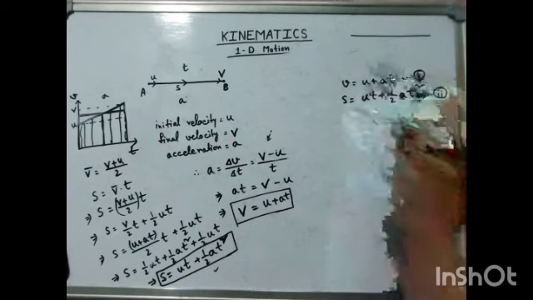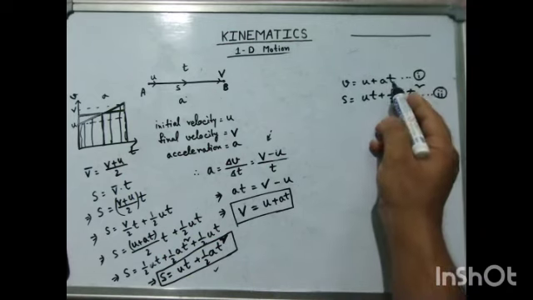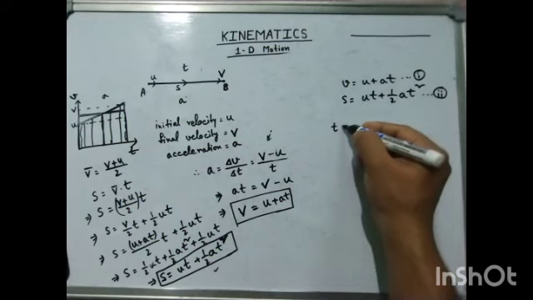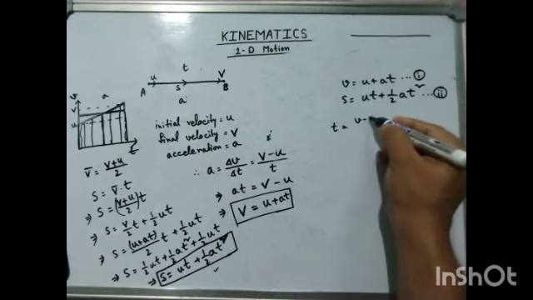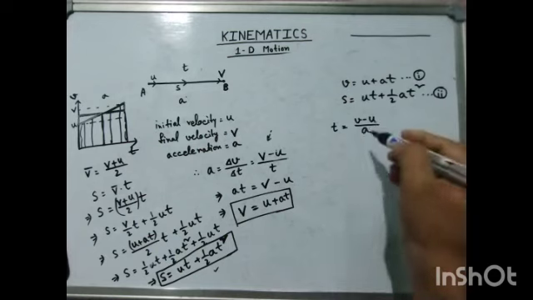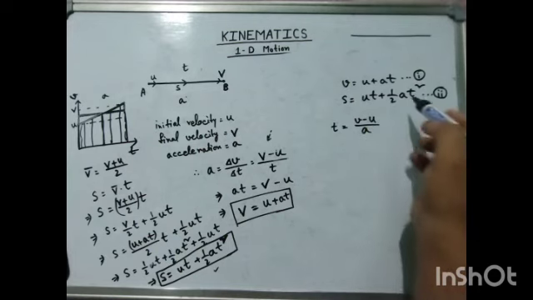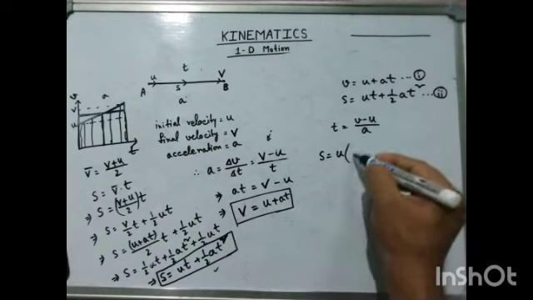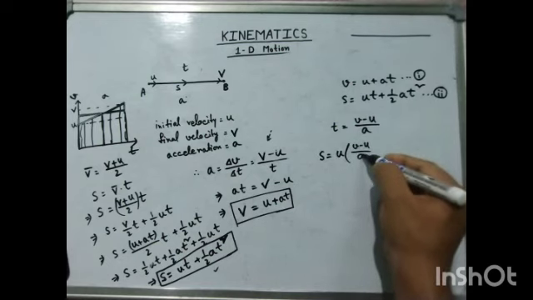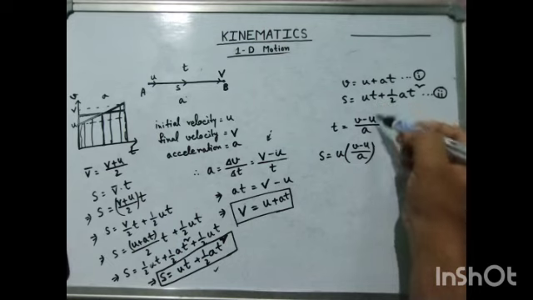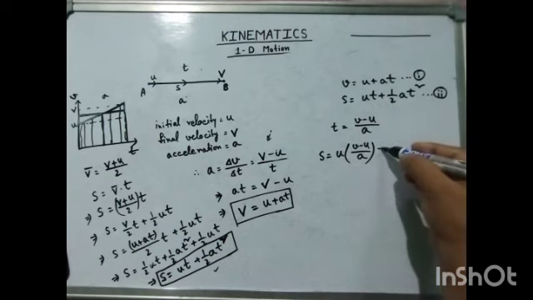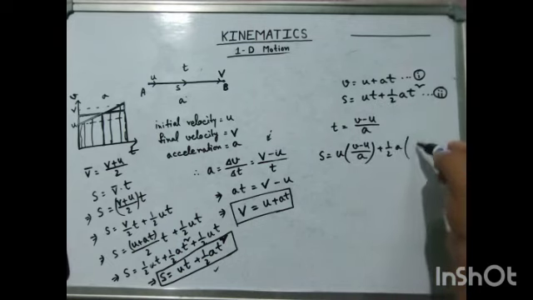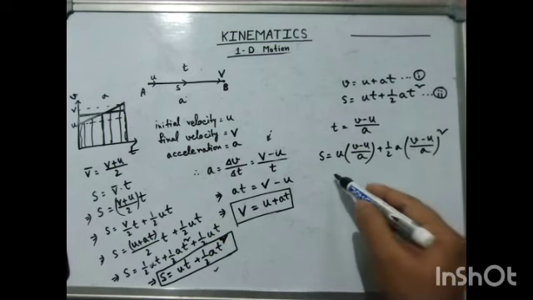From equation 1 we can find the value of t, and that will be v minus u by a. We'll put this value of t into the second equation, so that will be s equal to u into (v minus u by a), plus half a into (v minus u by a) whole square.